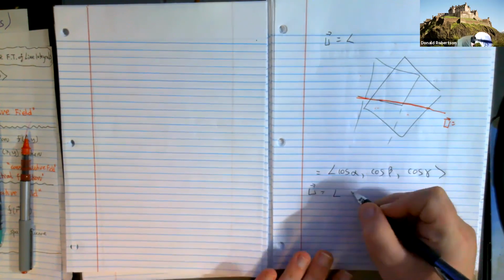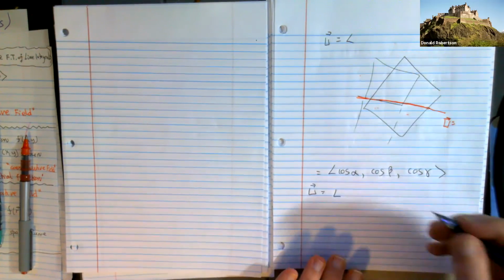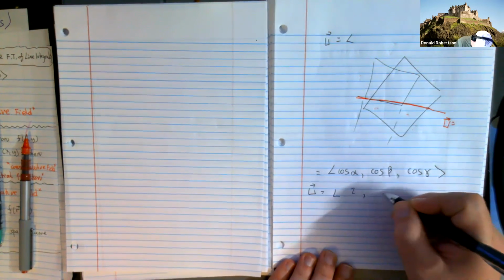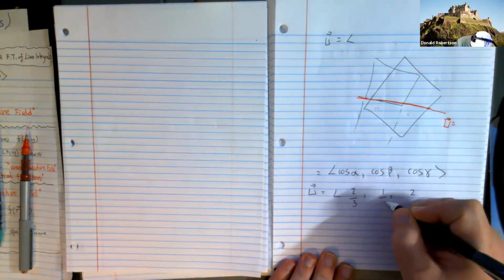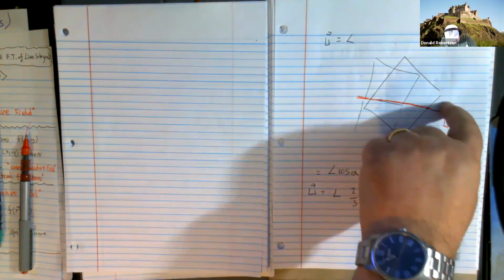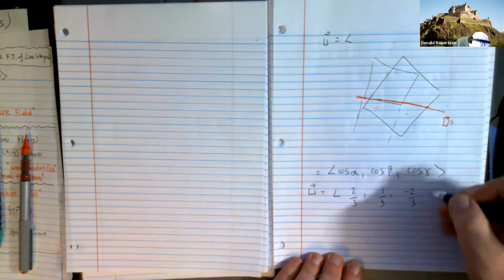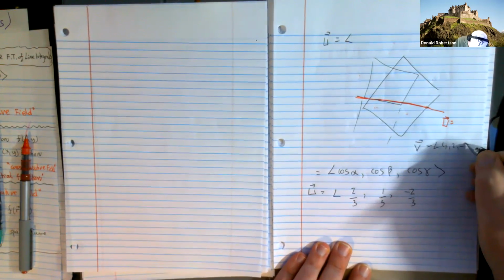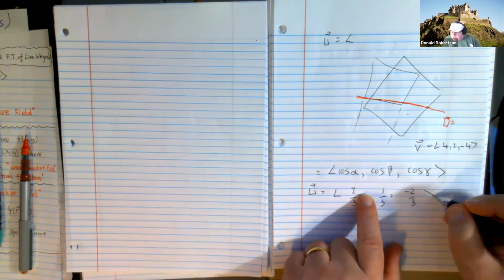Let's suppose the answer was 2, 1, 2, and the unit vector was 2/3, 1/3, -2/3. Let's just say for argument that's the unit vector of this thing. You might get this vector, but it probably won't be this one. It might be 4, 2, -4, but when you convert it into a unit vector, it looks like this.